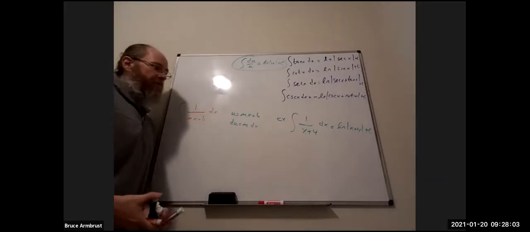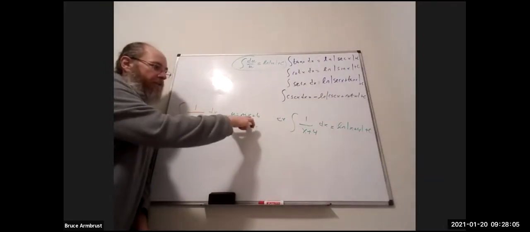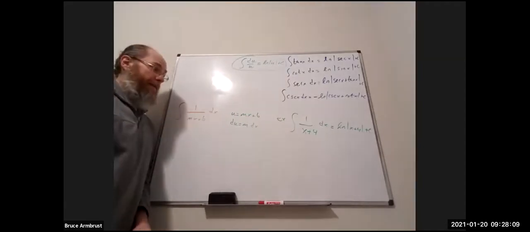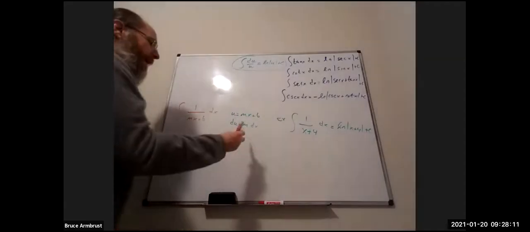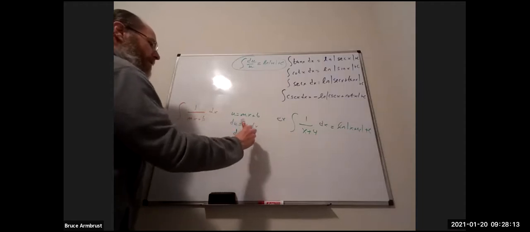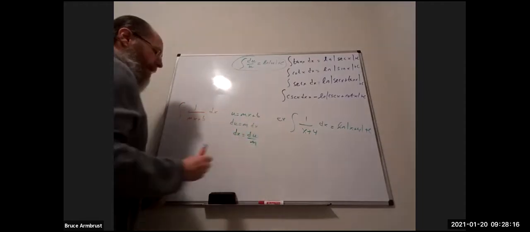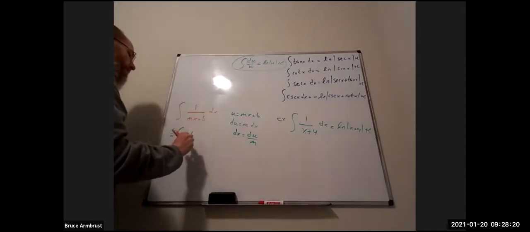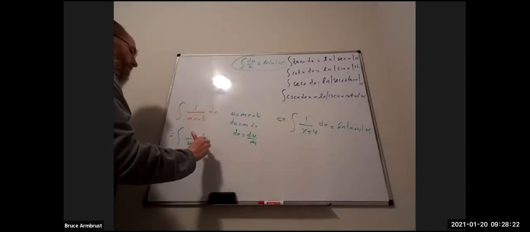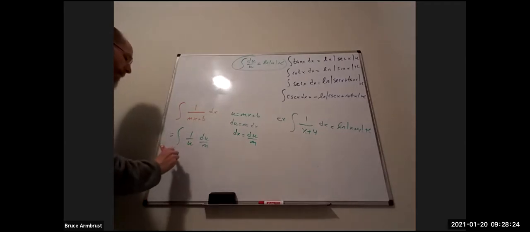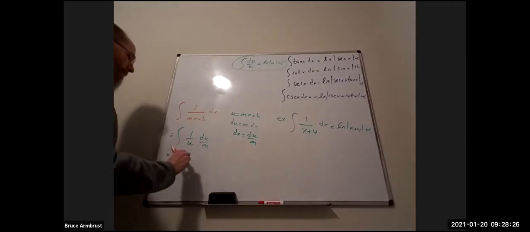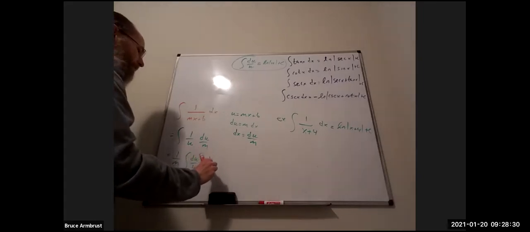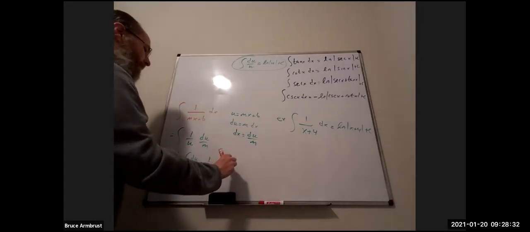The m is a constant multiple, so it goes along for the ride. The derivative of x is 1. And then the b is a constant being added, so it just goes away. So dx is equal to du over m. So if I replace all this stuff, I get 1 over m times the integral of du over u, which is 1 over m times the natural log of u.